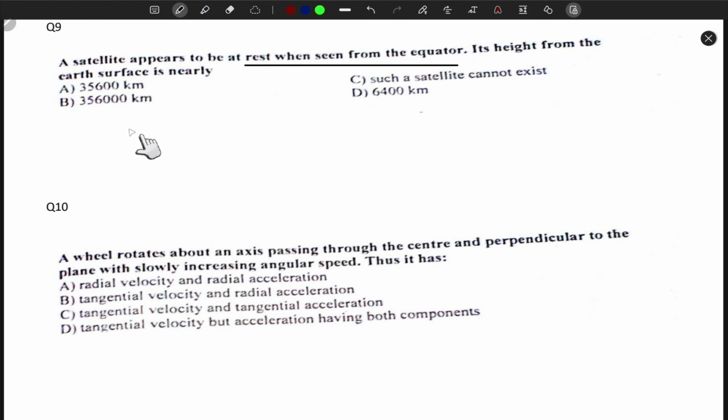So we know that the height is given by the radius of the orbit minus the radius of the Earth. Now, read the statement again that a satellite appears to be at rest when it's seen from the equator.